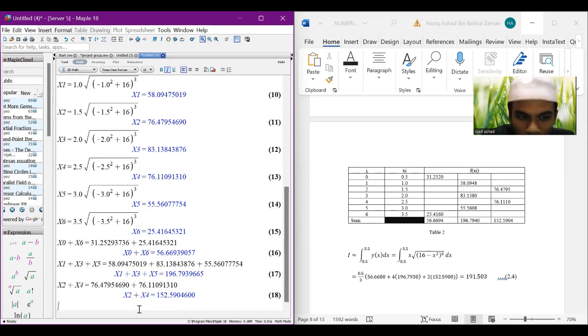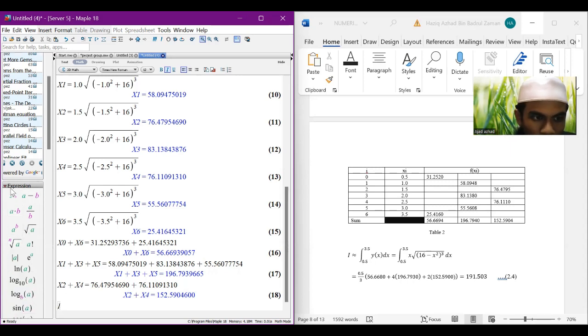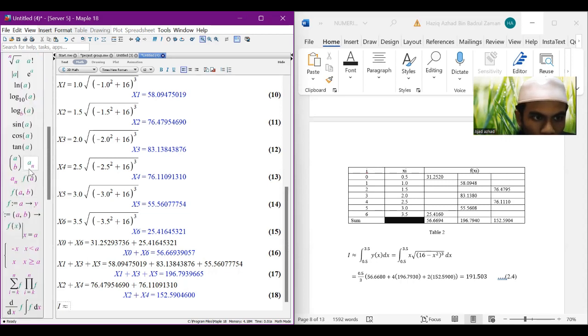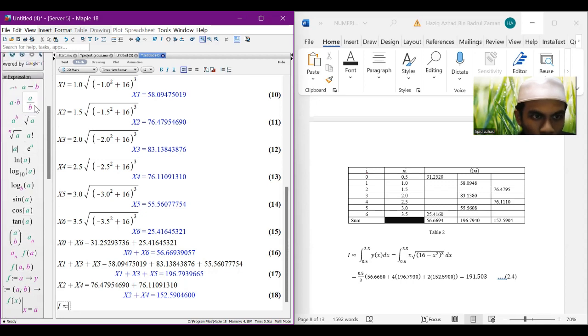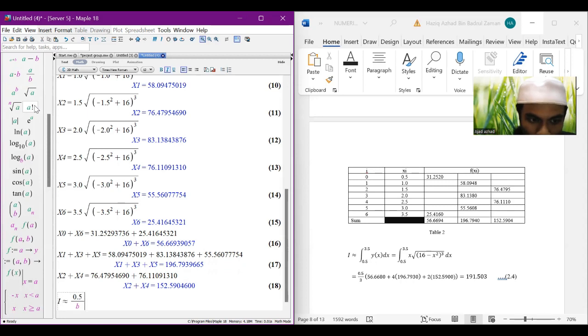And finally, we insert the final calculation, which is h over 3, h times 1 over 3. So h is 0.5, that is 0.5 over 3.